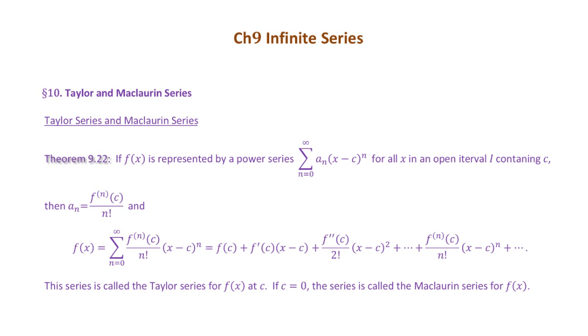Then there's a relation between the coefficients of the terms in the power series and the function itself. For any specific function f, those a_n coefficients are uniquely determined from the function itself. You cannot find two different power series for the same function. There's only one power series for any specific function.